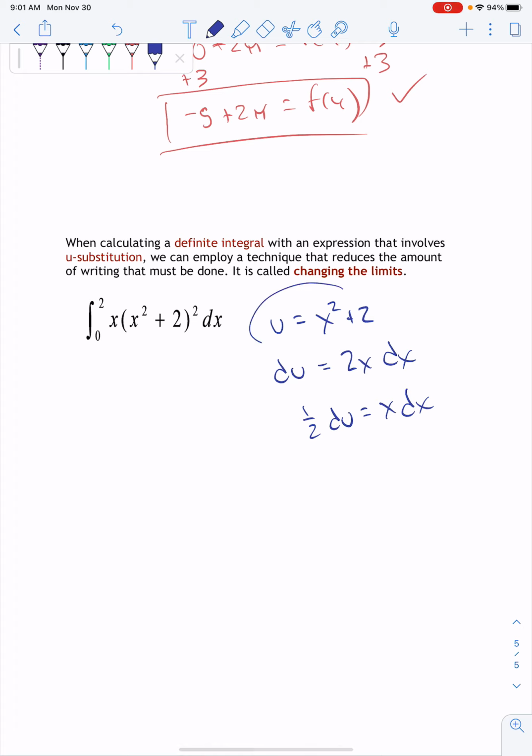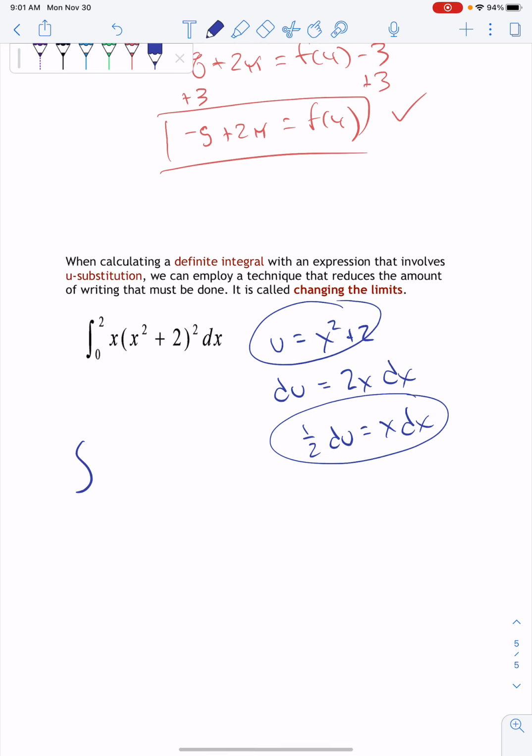So I've got my u, I've got my 1/2 du for x dx that's going to replace everything. So I've got the integral, but instead of the x and the dx, that becomes my 1/2 du. And I'm going to plug in u right here and get u squared.